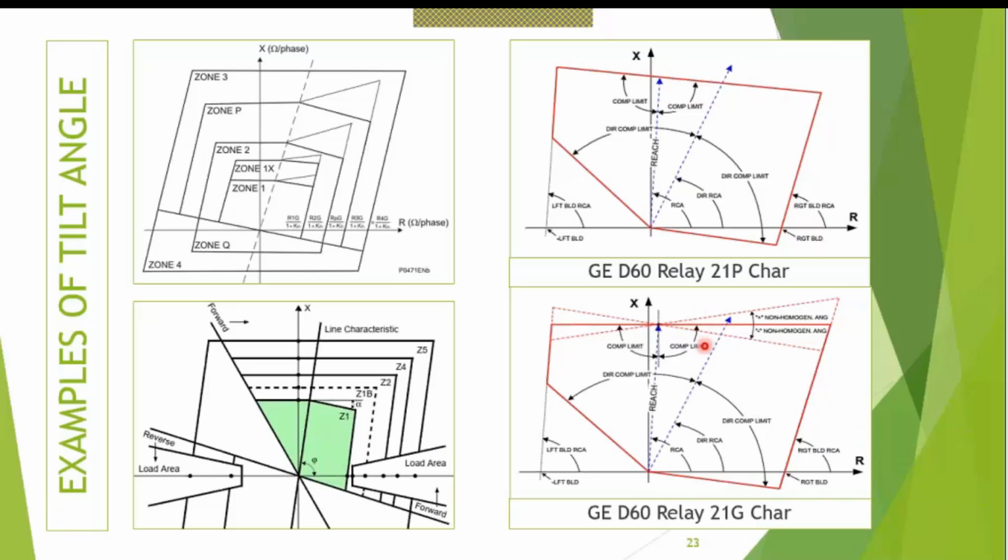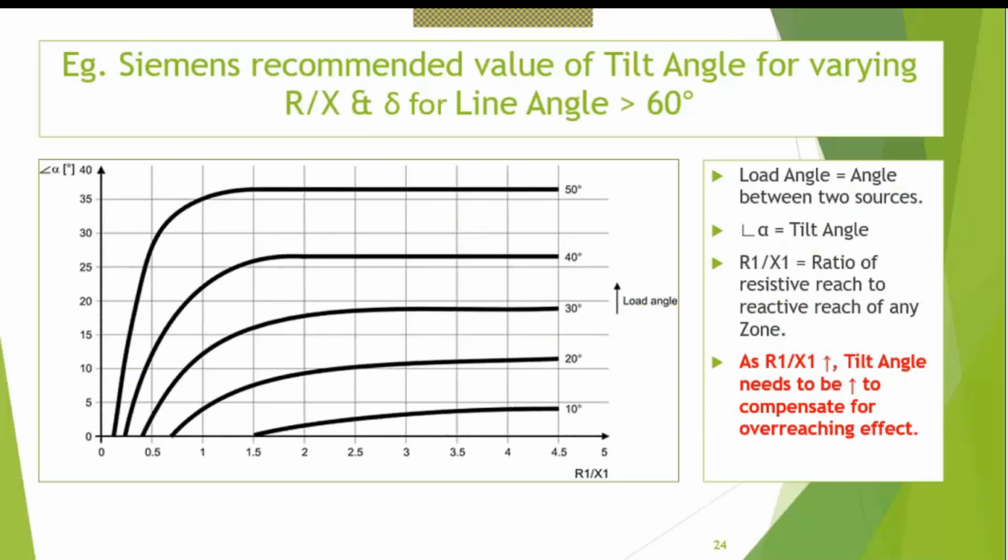Okay, although this is just an example, this is a graph taken from the Siemens relay manual. As R by X increases, R by X means if you have set your resistive reach far higher than the reactive reach, then the chances of this encroachment become more. The tilting of the polygon is more necessary. So they have given a guideline.